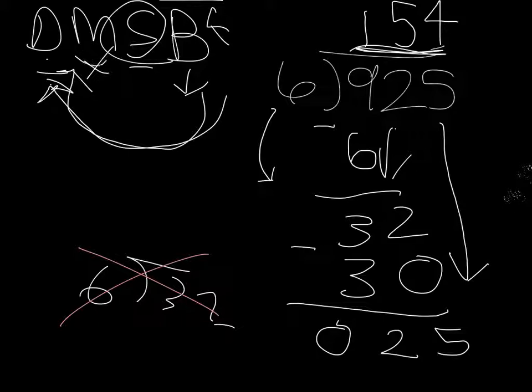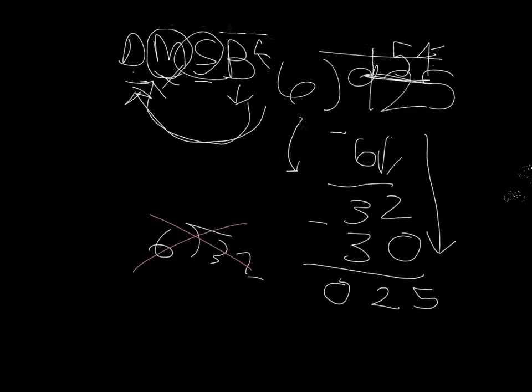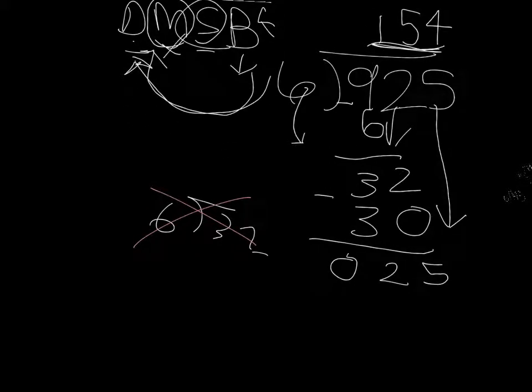Now, you can't stop here. We need to do all the steps to finish. So now it's mother multiplying. So then we multiply 6 times 4, and that was 24.